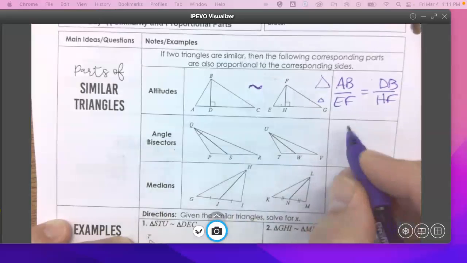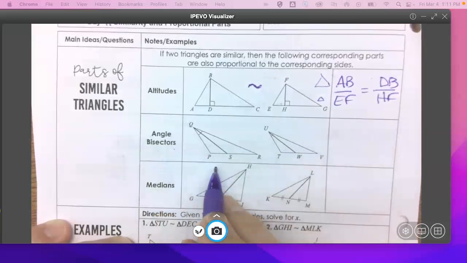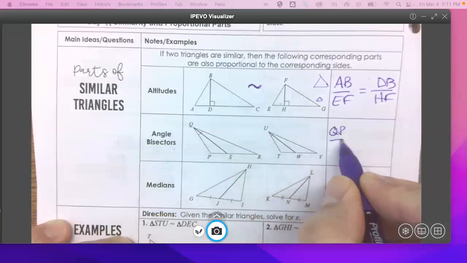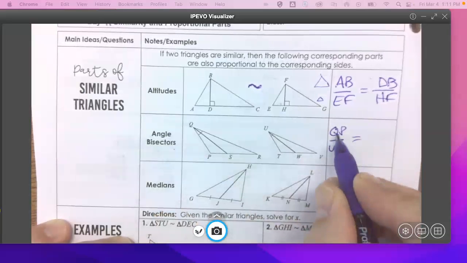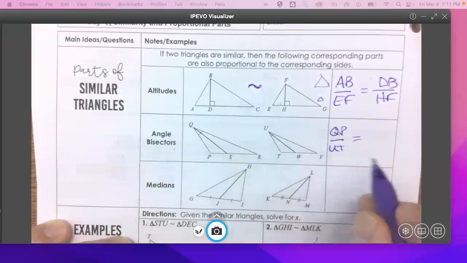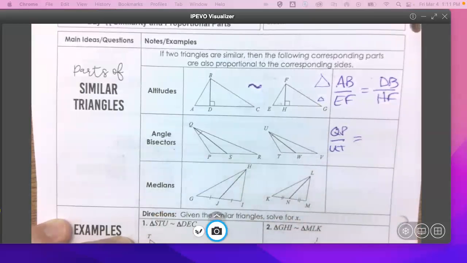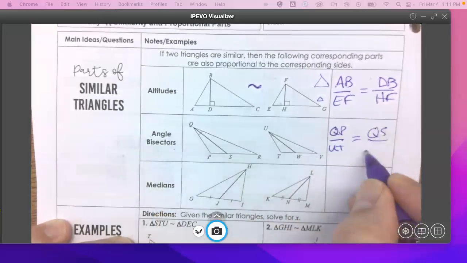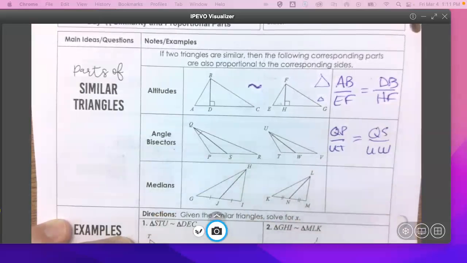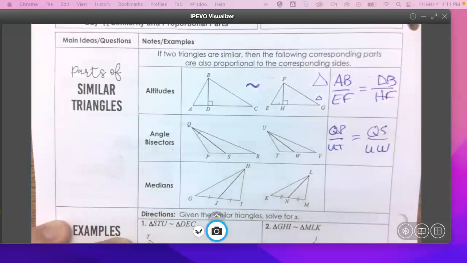Same with angle bisectors. I'm going to pick a pair of corresponding sides. Let's go QP and UT. That scale factor, that ratio, is going to be equal to what? Good. QS and UW. Nice. Please write the last one yourselves. You have to pick corresponding sides. And I know it's a little imprecise in the way this worksheet is presented, that it doesn't tell you what the corresponding sides are with a similarity statement.